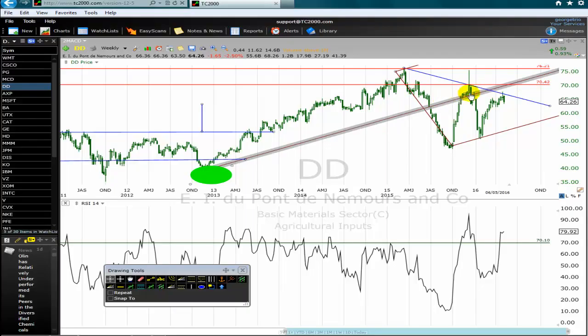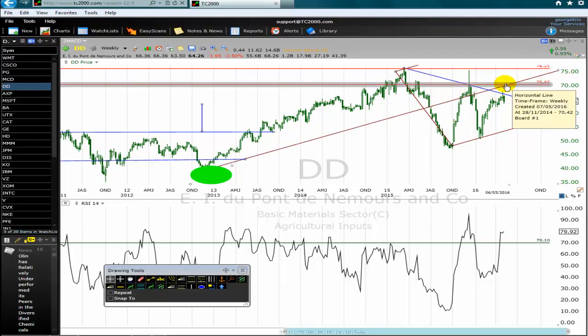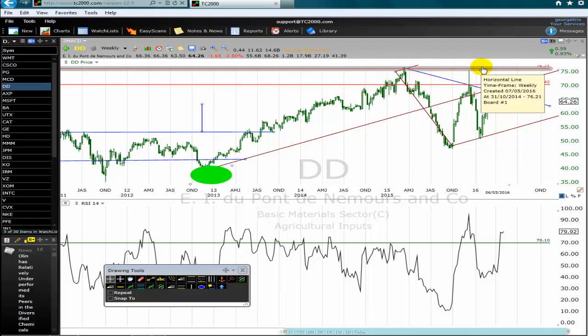If it's truly overbought, the price will find a resistance and start changing direction. So here I have resistance levels, which are the normal red lines. These are the resistance levels for this DuPont de Nemours. We are on the weekly chart. And also we have this trend line here, which is also a resistance level.